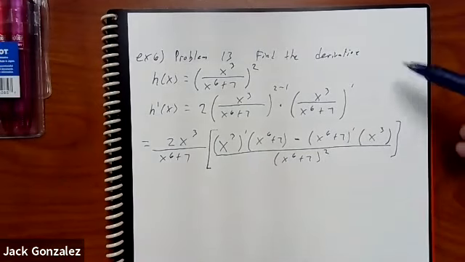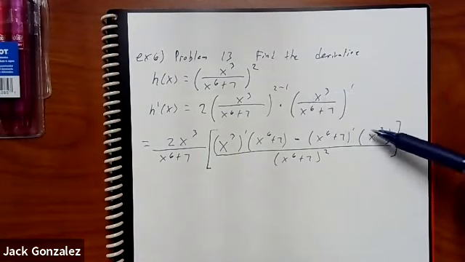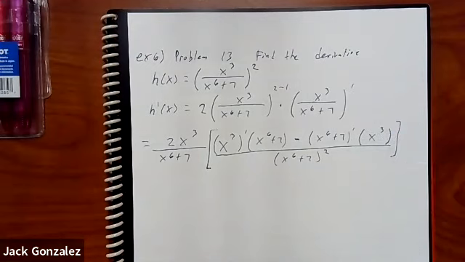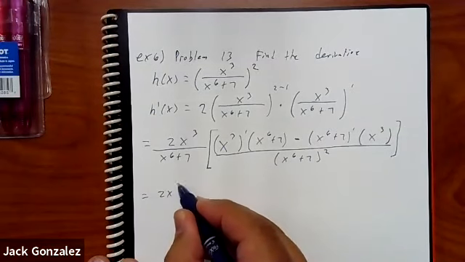Okay, so this derivative right here is being done with the quotient rule, which is the formula I gave you last time. So first step was the chain. The second step was the beginning of the quotient. So now let's actually do the derivatives.